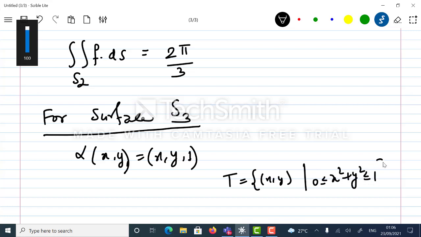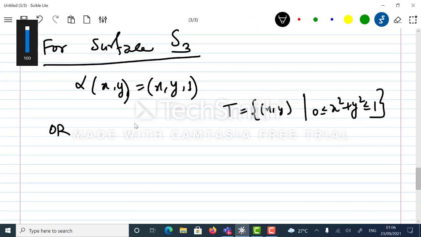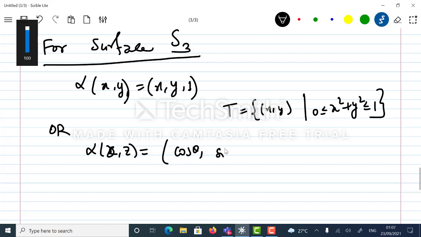This is one way of parameterization, or you can use straight away the cylindrical transformation to get the parameterization. So what is it? Alpha r, theta comma z is cos theta, sin theta and z is 1. So this way also, no, z is not 1 because you are going along that round part, z is z. So your theta is between 0 to 2 pi and z is between 0 to 1.